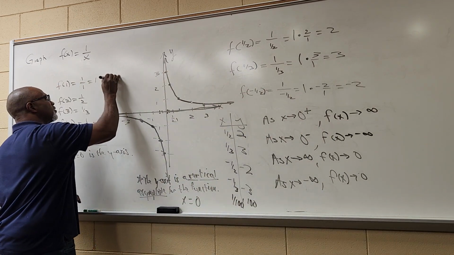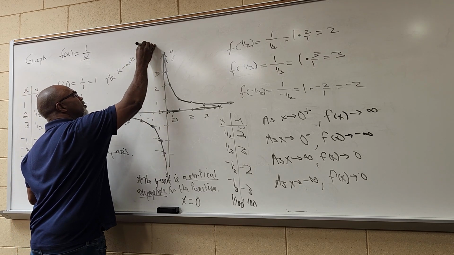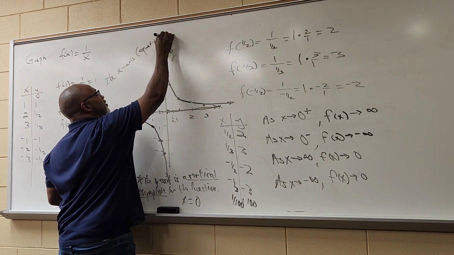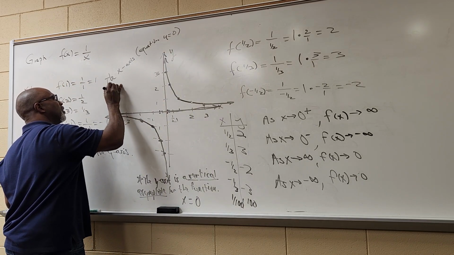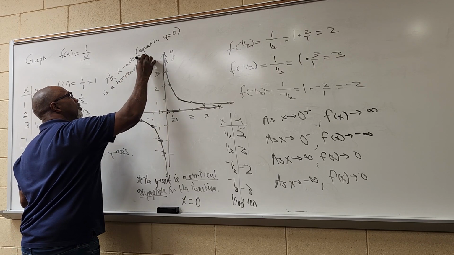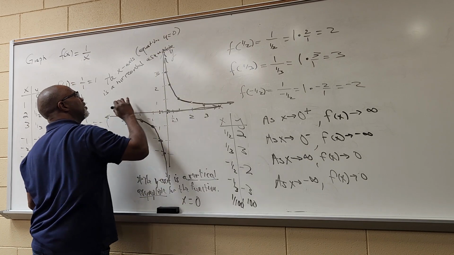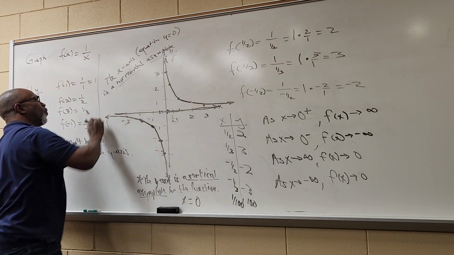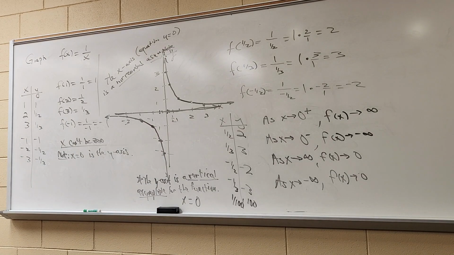So also, the equation of the x-axis is y equals 0. This is a horizontal asymptote. Okay, so we can have vertical or horizontal asymptotes. This function just happens to have both.